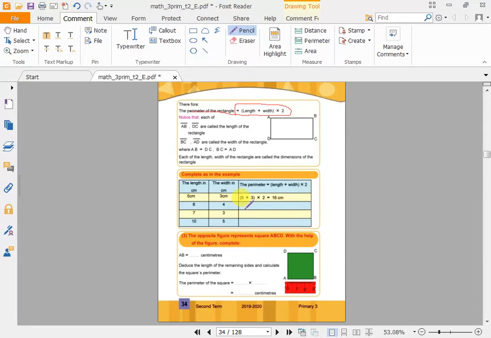In this table, we have the length in centimeters and the width in centimeters, and we need the perimeter of a rectangle. Its length is 6, its width is 4. What would we do? We would write 6 plus 4 times 2.